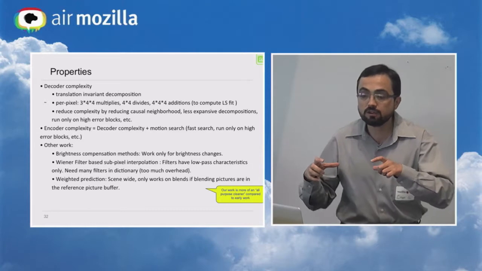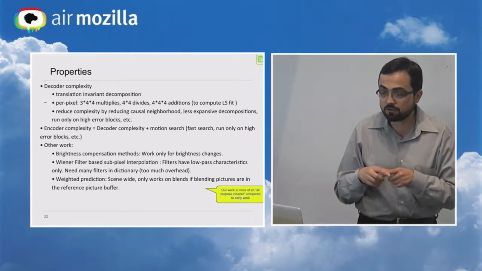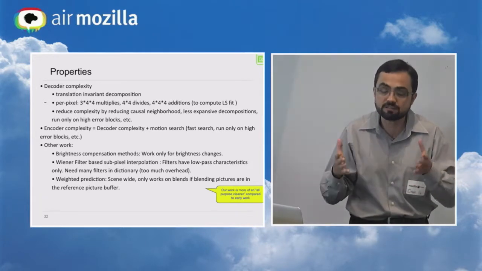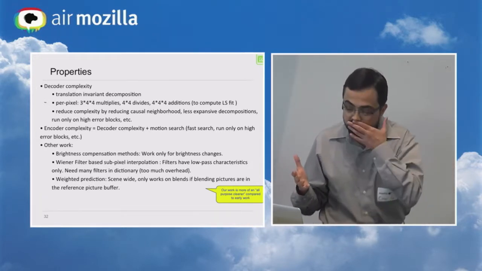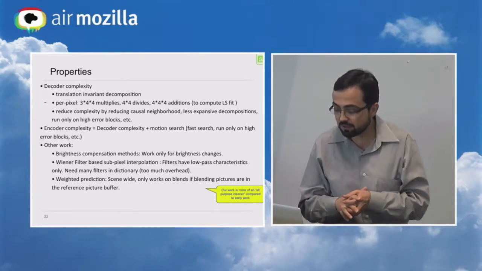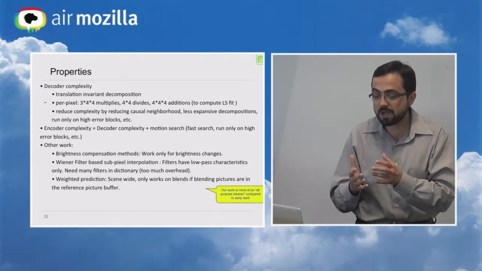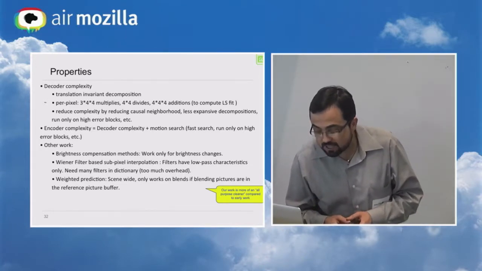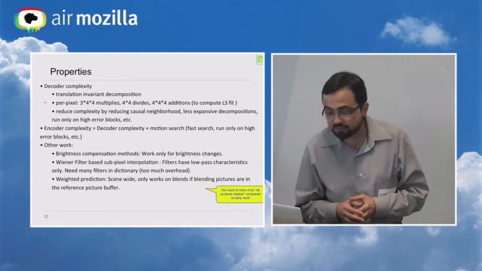So to learn big filters, you have to learn them over large neighborhoods. When you learn things over large neighborhoods, these low-pass things end up creeping in because a lot of the temporal evolution is characterized by these low-pass filters. So they really do not have the capacity to adapt quickly. And they also need many filters in the dictionary.